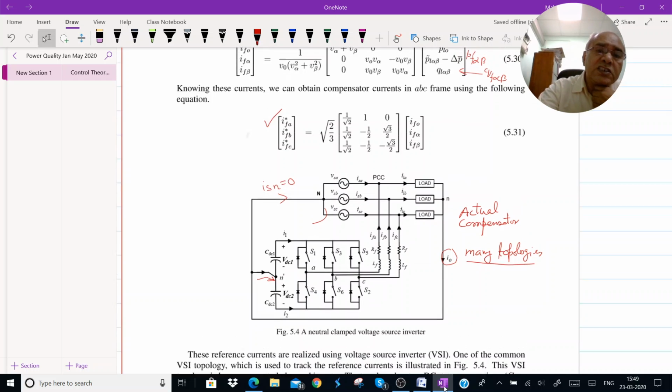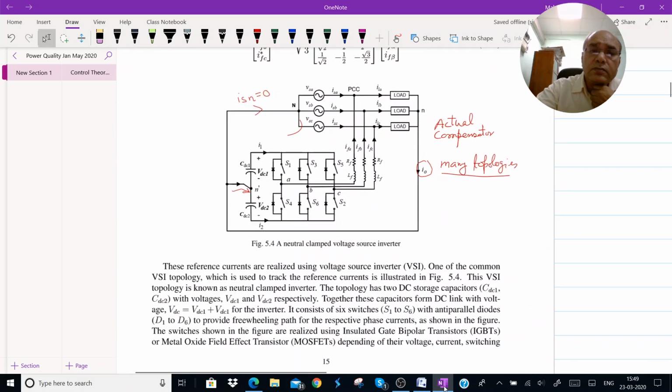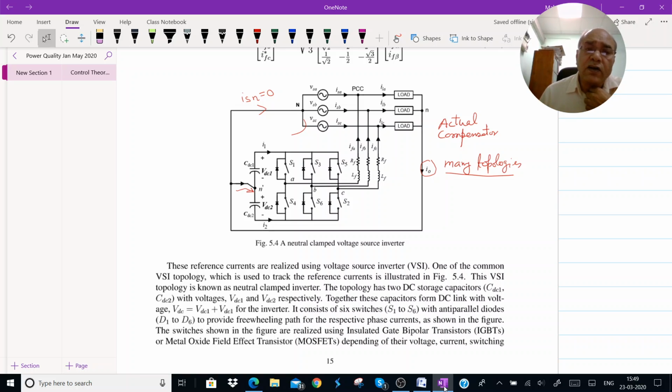Okay, now once it is clear, we can think of the switches as on-off devices permitting a certain voltage across the points ABC. It is not very difficult to perceive what the nature of the voltage at points A, B and C will be. It will be a train of pulses of plus VDC1 and minus VDC2 respectively.